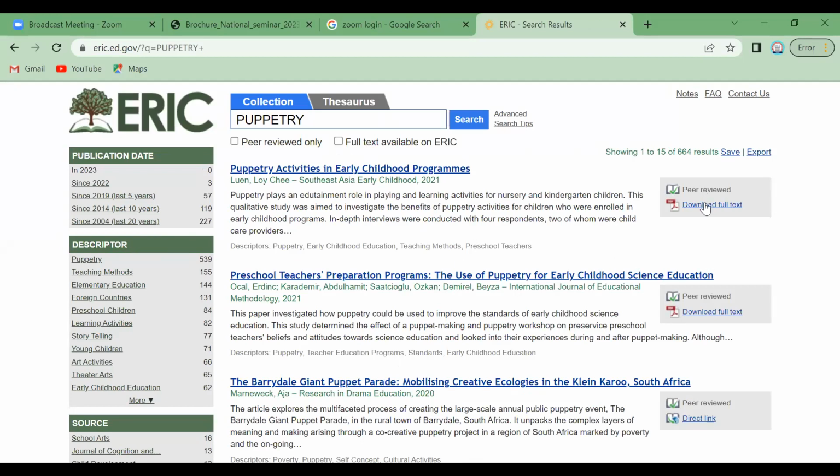You can even download the full text and see what they have done abroad. For example, in South Asia, how they have used puppetry in nursery classes.